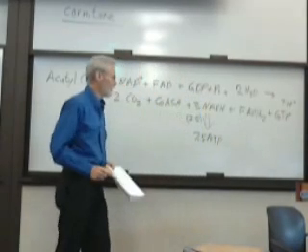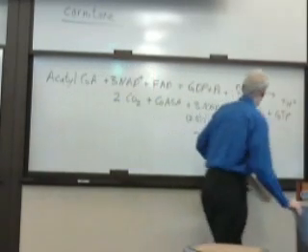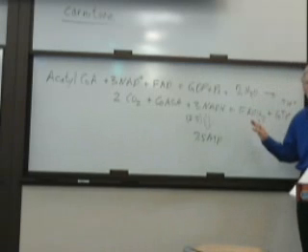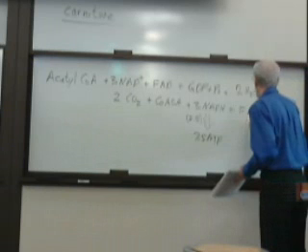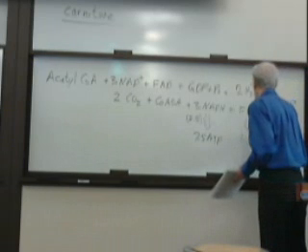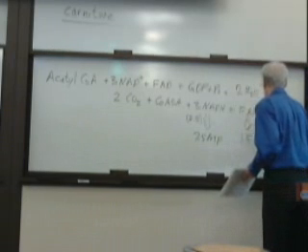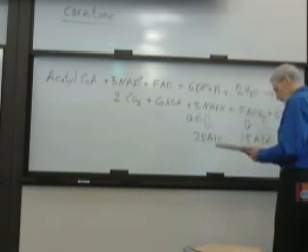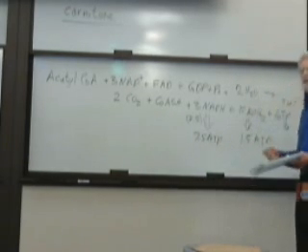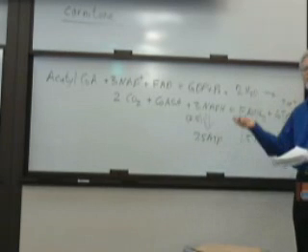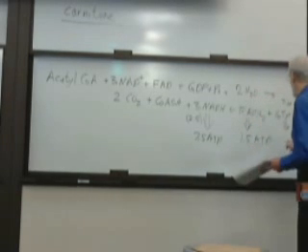That's per NADH. How many do we get from the FADH2? Remember that one? 1.5. So this would be 1.5 ATP. And then this GTP, we count that as equivalent to an ATP. That can be interchanged with ATP.